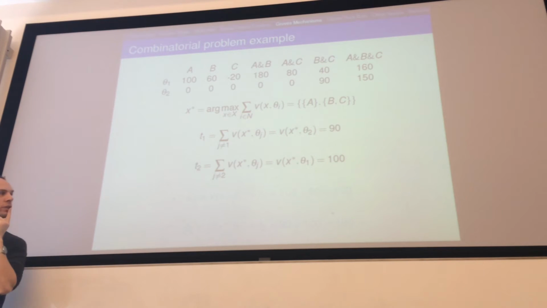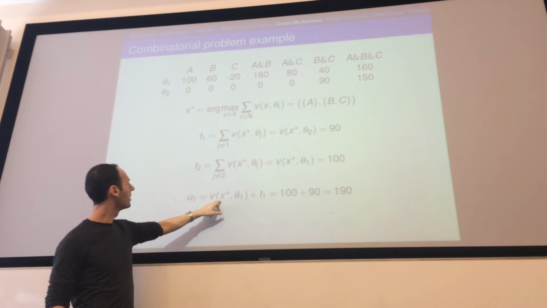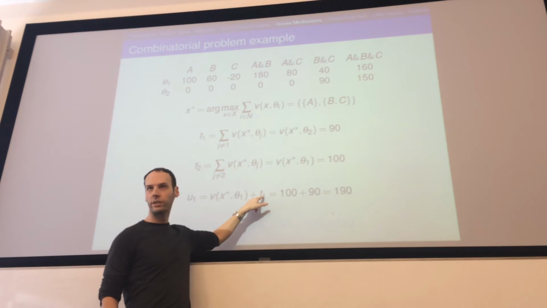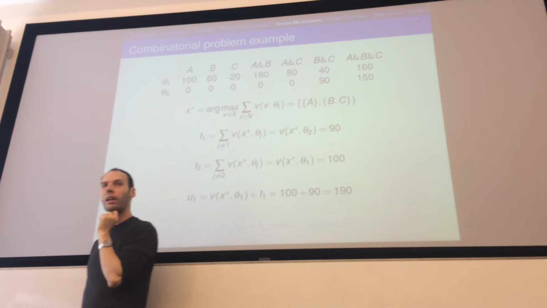Now let's look at the utility of the agents. Remember, the utility is the value from the item they receive plus their transfer. So the utility of agent 1 is the value they receive from having A, which is 100, plus the transfer they receive, so 100 plus 90. Their utility is 190.